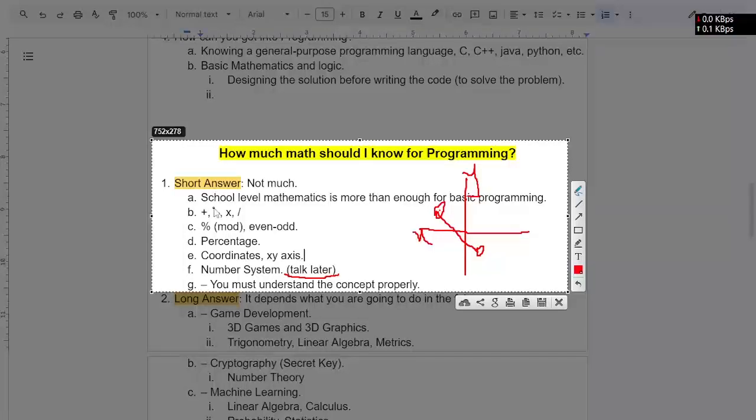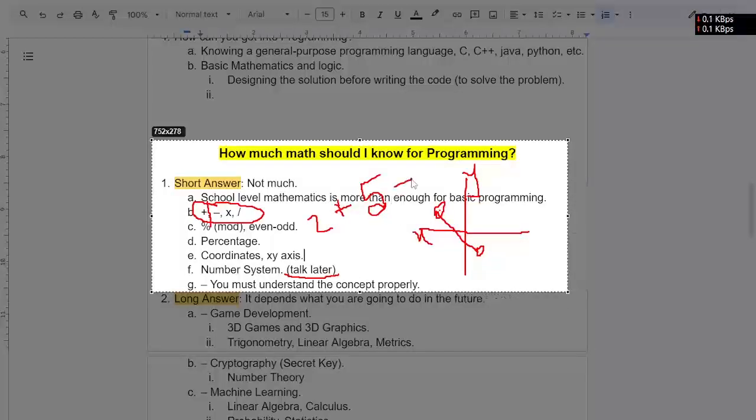The main problem is, if you know how to add, but I give you a problem, suppose I give you two numbers, 2 and 5, and I tell you to add those numbers, you will use the addition operator, and you will come up with the result of 7.